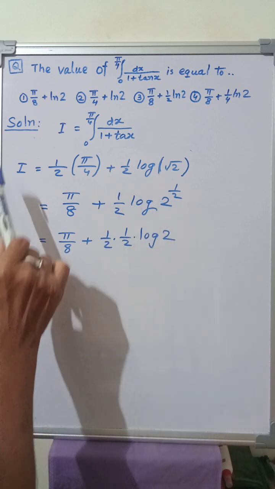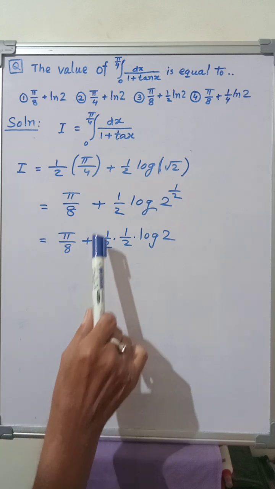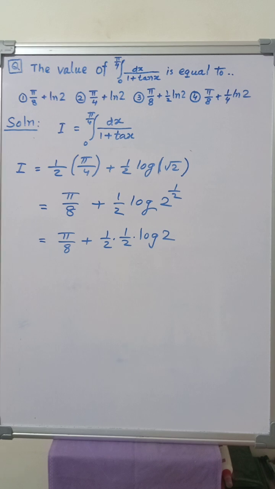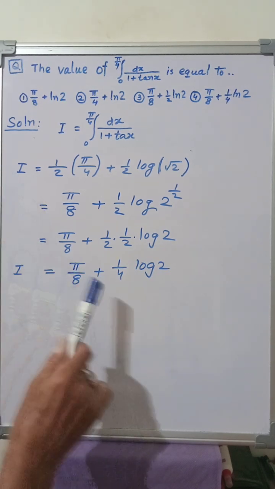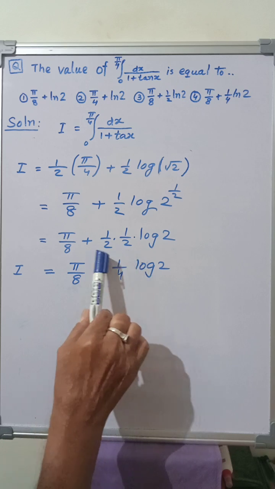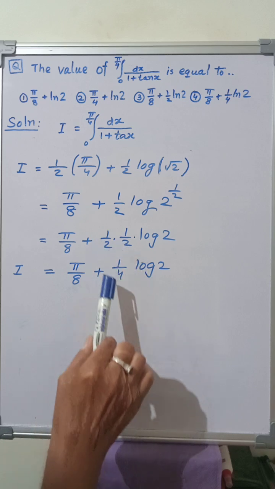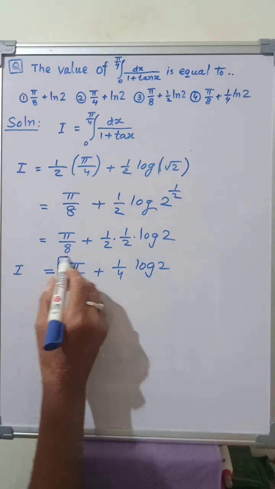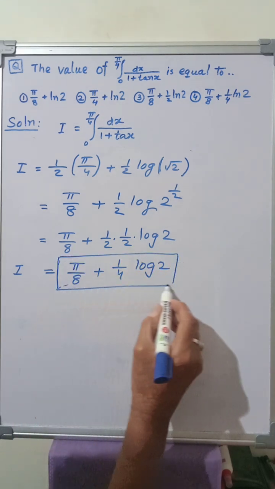Therefore we get I is equal to pi by 8 plus 1 by 2 into 1 by 2 into log 2, which gives I is equal to pi by 8 plus 1 by 4 into log 2, which is the answer to the question. This is the answer.